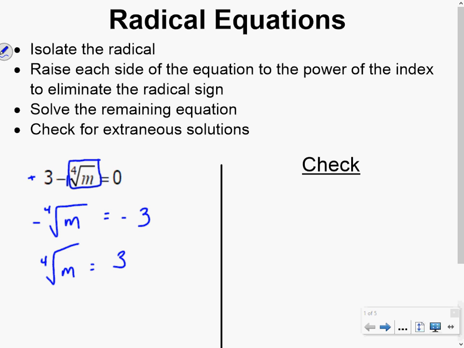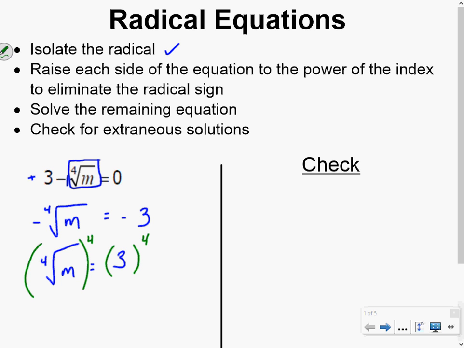Okay, so we've done the first step there. Now it says we need to raise each side of the equation to the power of the index to eliminate that radical sign. So, back when we were doing quadratics, we said, square roots and exponent of 2, squaring something, they cancel each other out. Well, if I want to cancel this fourth root out, I need to raise it to the fourth power.